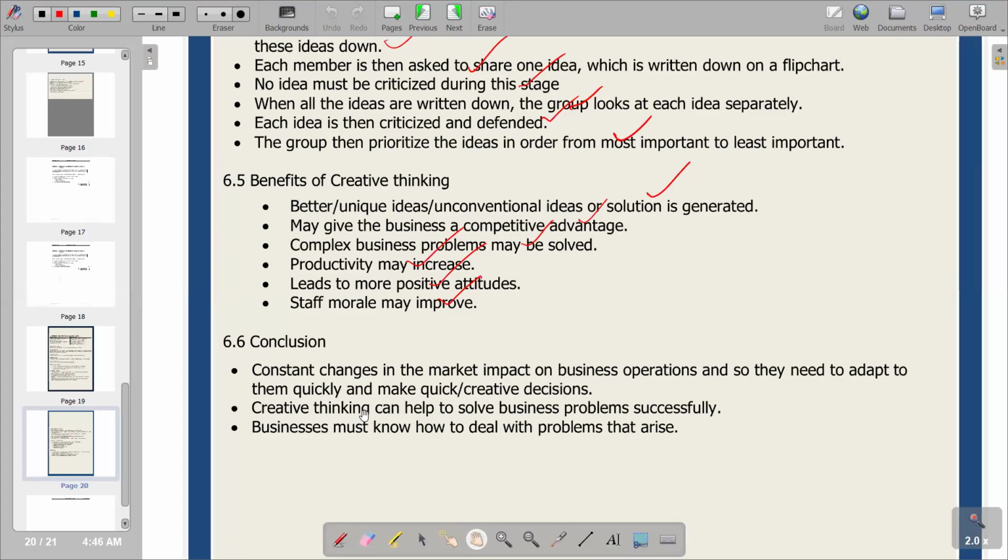Creative thinking can help to solve business problems successfully. Businesses must know how to deal with problems that arise. So we are seeing an appreciation of the concept of creative thinking in the business that is coming up in the conclusion. So typically, that's how you can conclude your essay.